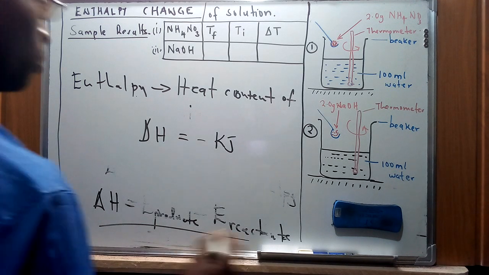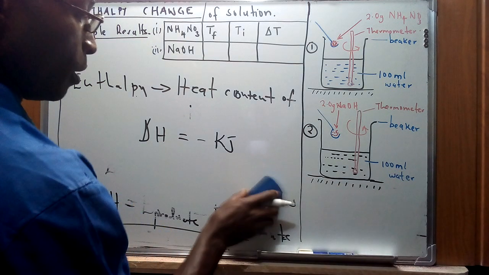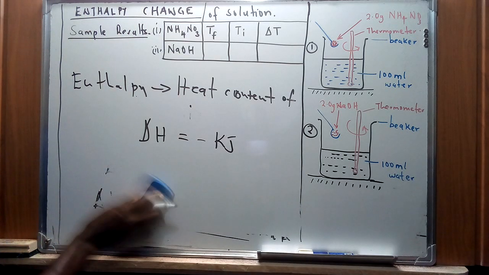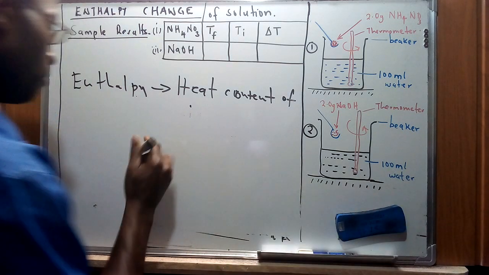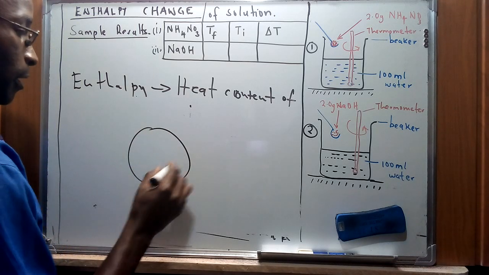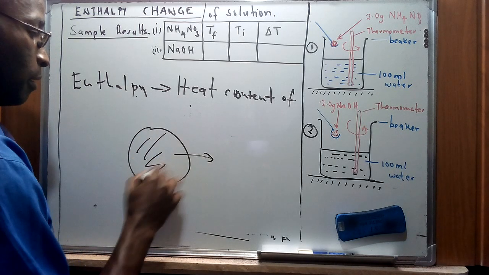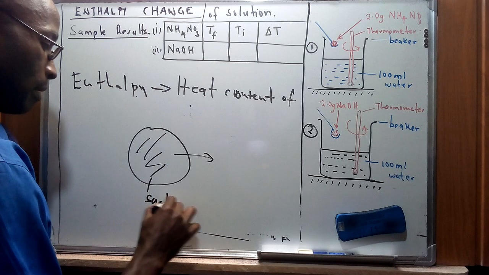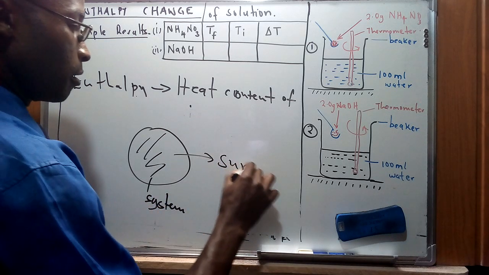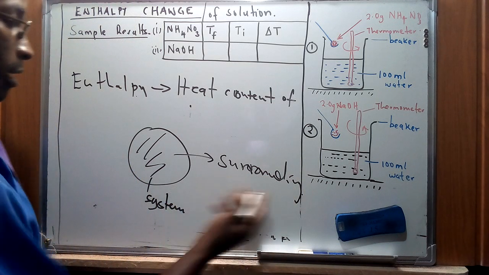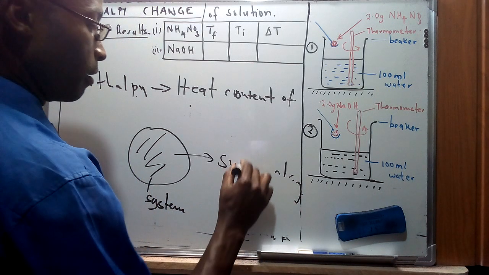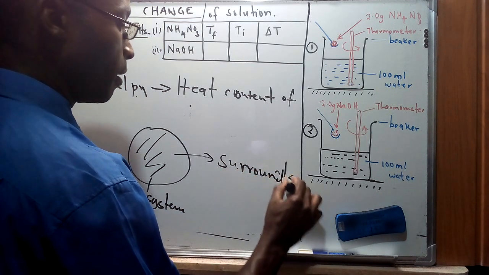We said that there are two forms of reactions during these changes in energy. A change in energy can be accompanied by the release of heat from the system to the surrounding. This is the surrounding.